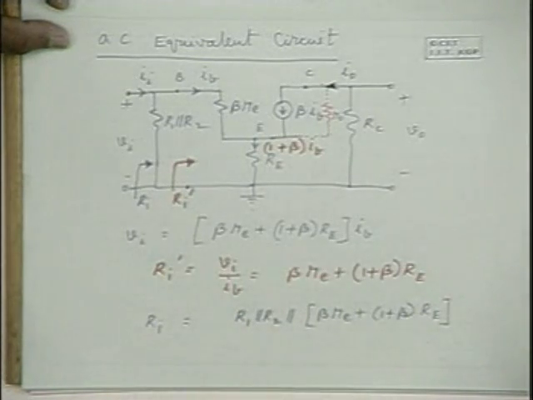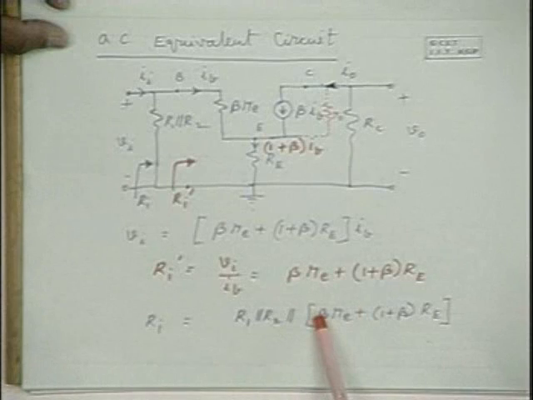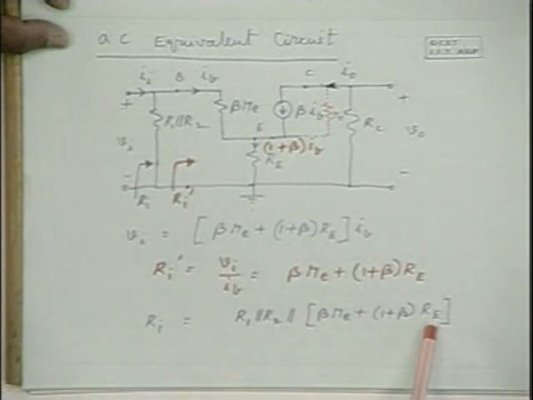When you replace RE by 0, you will get the input impedance as R1 in parallel with R2 in parallel with beta re itself, and this part is 0. And now what's happening to Ri? Ri is now considerably reduced. Please note that this is of the order of 1 kilo ohm, and if RE is 1K, and beta is 100, it's going to be 100 plus 1, that is 101.